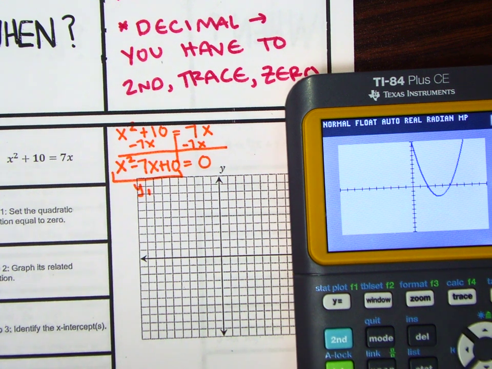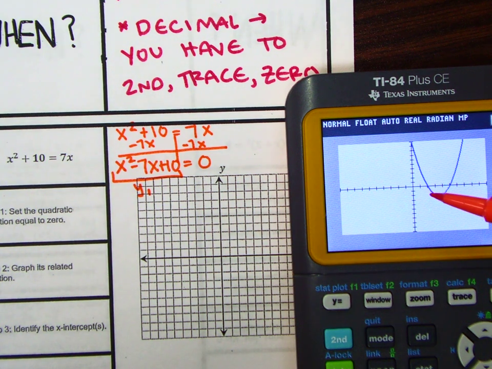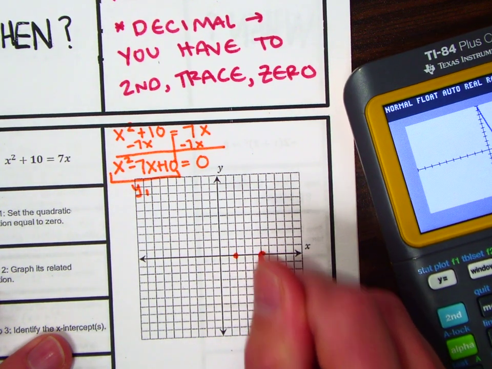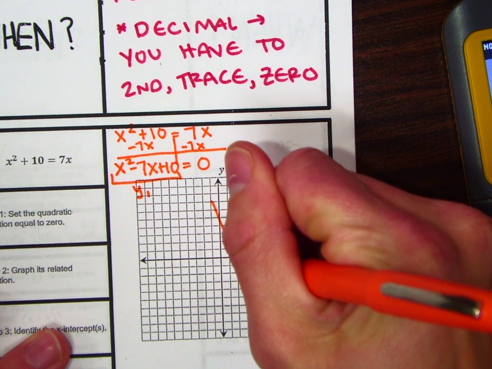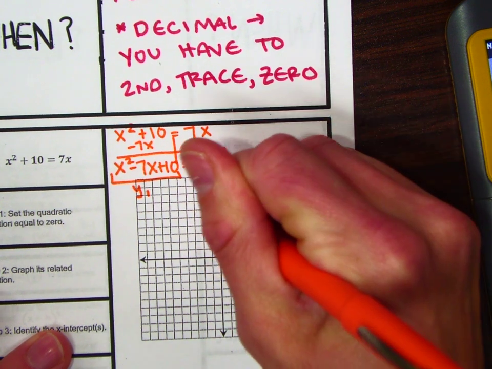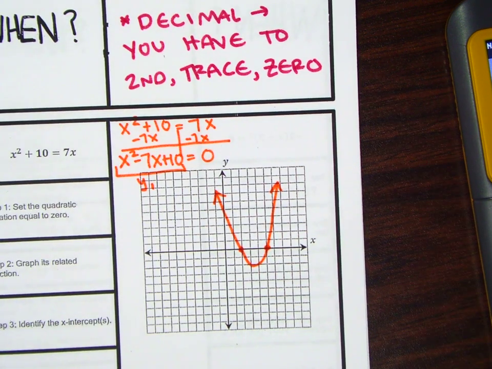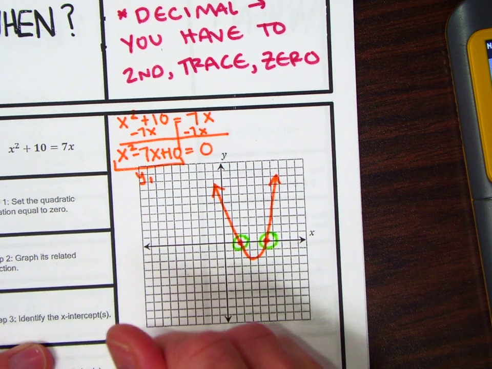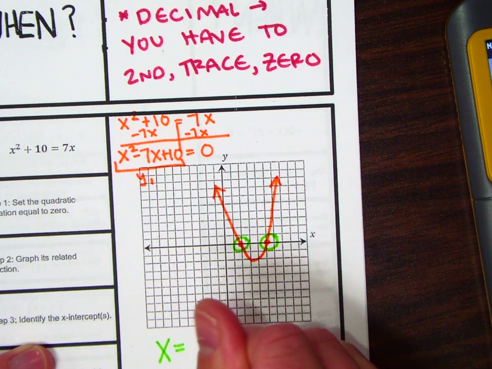All right, now this one's crossing at nice numbers, so I don't need to do the second trace. It is crossing at 2 and 5. So 2 and 5. All right, so my answers here, these are my x-intercepts. x equals 2 and 5.